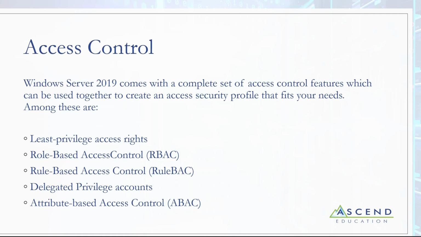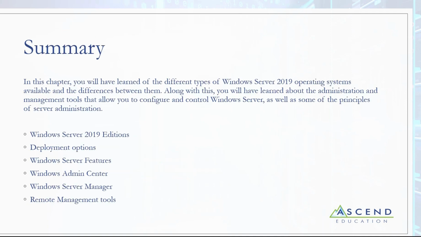This is giving users rights based on what role they have in the company, rather than just giving them individual rights, which can be very difficult, and you could end up giving out too many roles. And we have rule-based access control, delegated privileged accounts, and attribute-based access control. Of all of these, I would say least privilege and role-based are the two most important that you're going to be hearing about in this course.